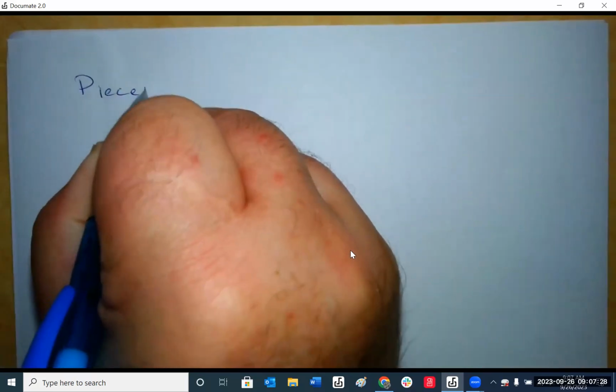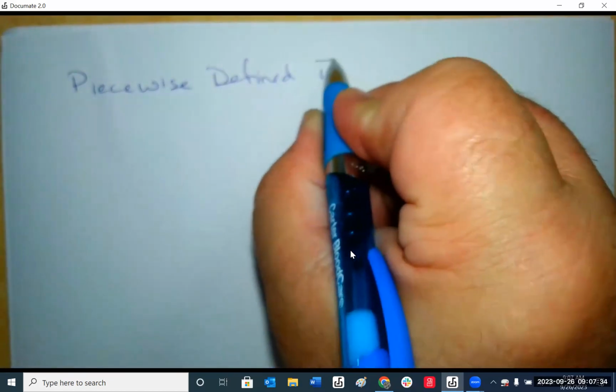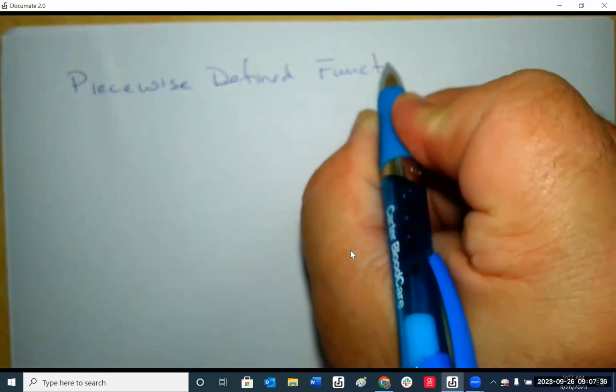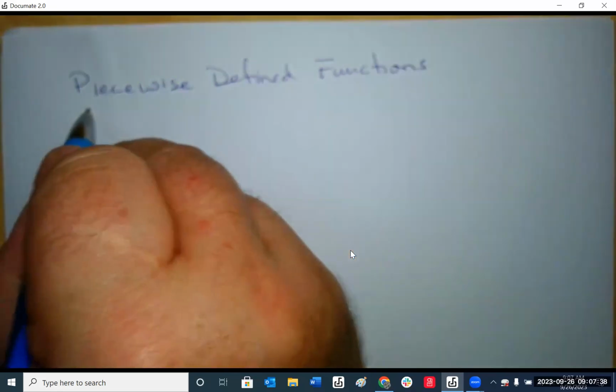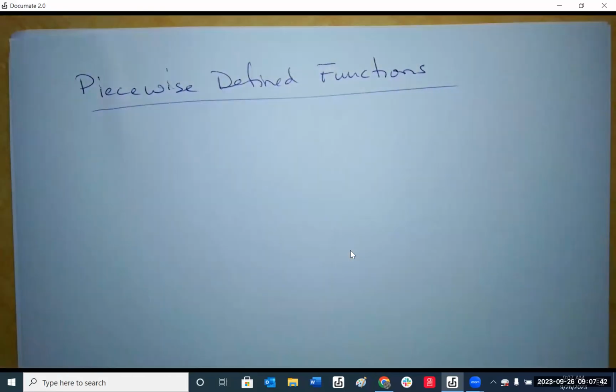All right. The third part of this section deals with what are called piecewise defined functions. Piecewise.